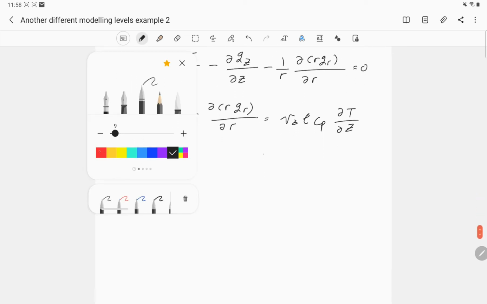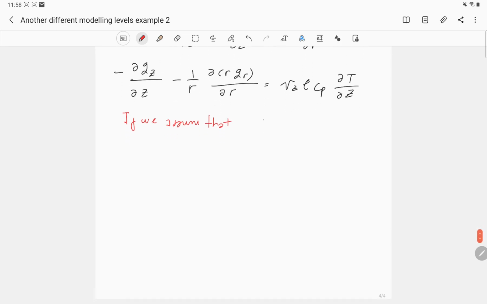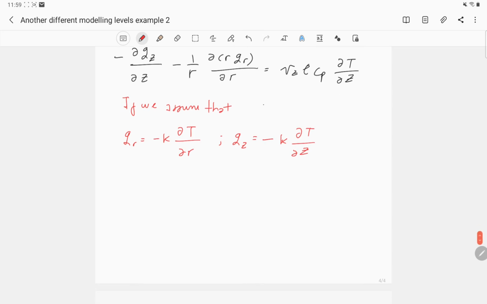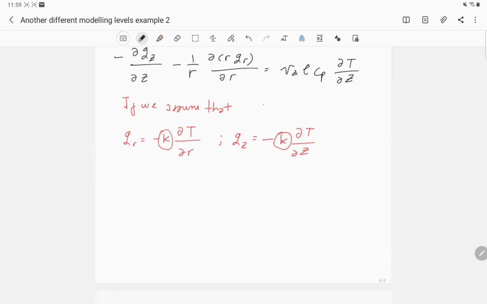Now let's assume that qr is equal to minus k del T over del r, and then qz is equal to minus k del T over del z. So we have been taking that the k in here is basically isotropic, it's basically a constant.